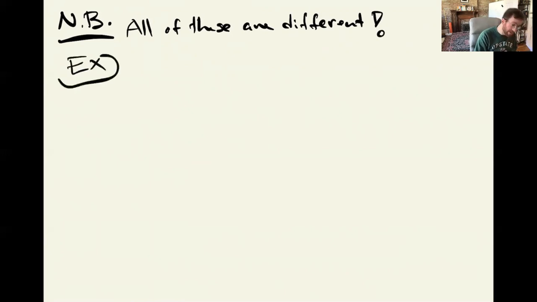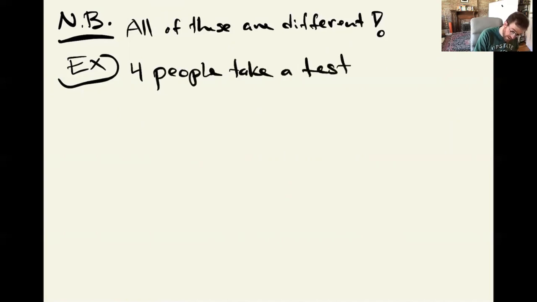In this example, I'm going to imagine I have 4 people who have taken a test. And I know this is a random experiment because I don't know what these people are going to get on their tests before they actually take the tests and produce a number. I've got 4 people and each of them might test differently. That's in general what we see.